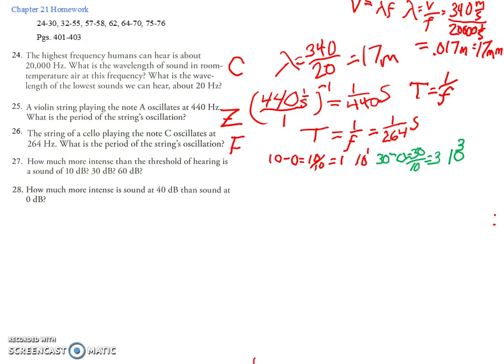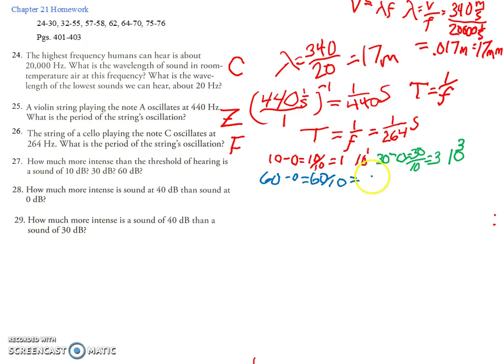And for 60, it will be 60 minus 0 equals 60. Divide that by 10.